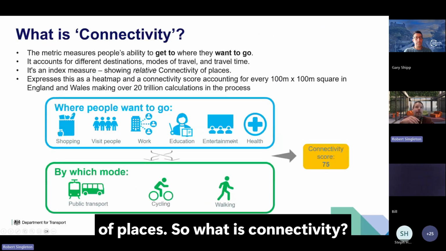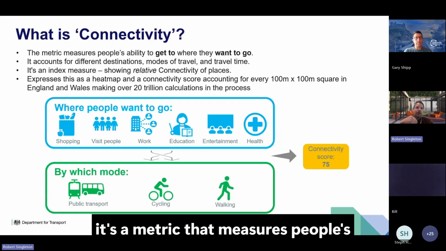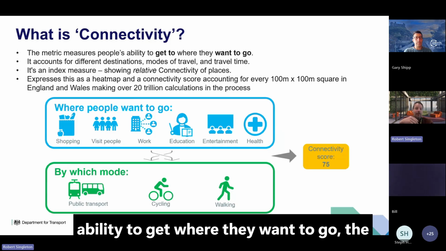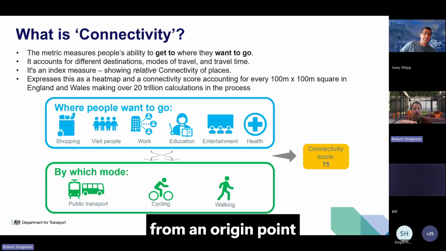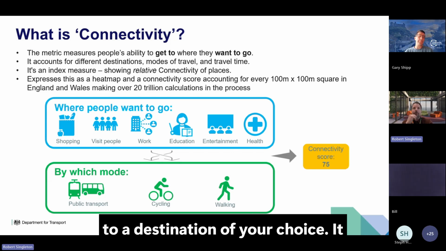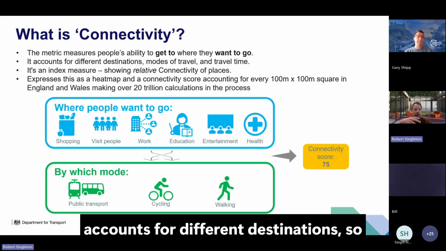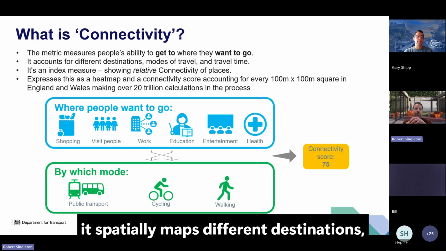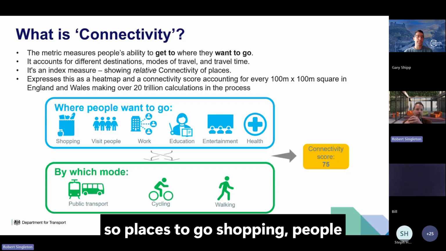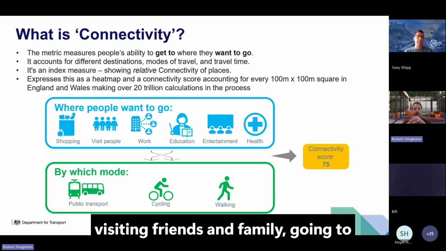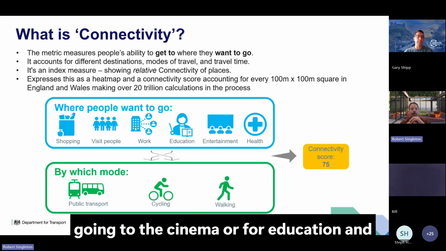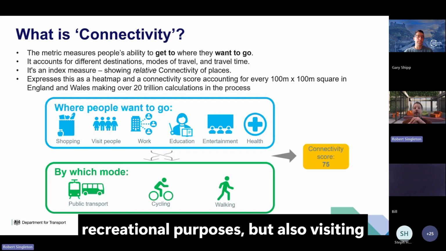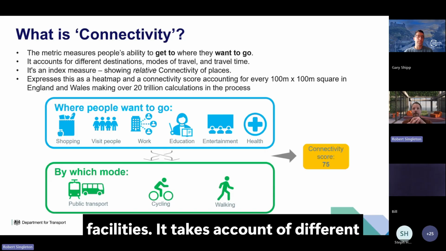So what is connectivity? Well, it's a metric that measures people's ability to get where they want to go, the ability of the transport network to take you from an origin point to a destination of your choice. It accounts for different destinations, so it spatially maps different destinations. So places to go shopping, visiting friends and family, going to work, going to school, going to the cinema or for education and recreational purposes, but also visiting a doctor and other healthcare facilities.